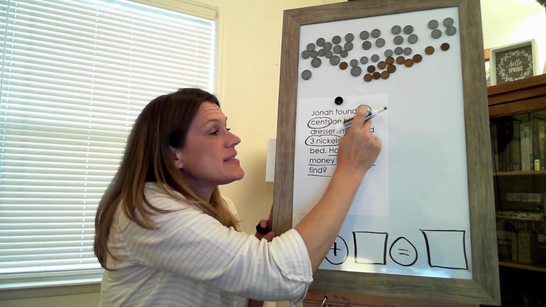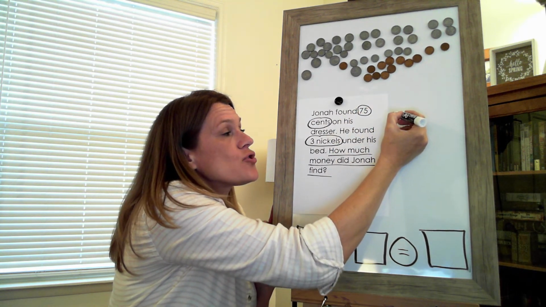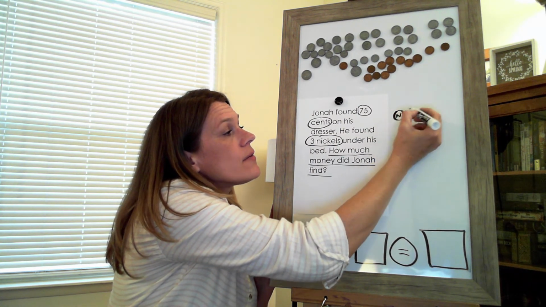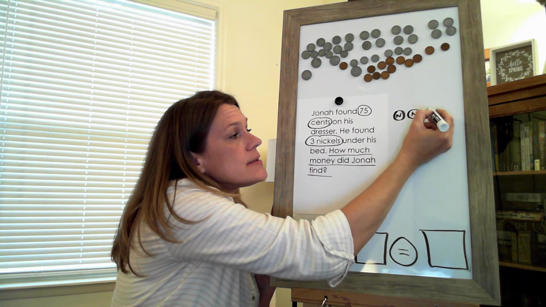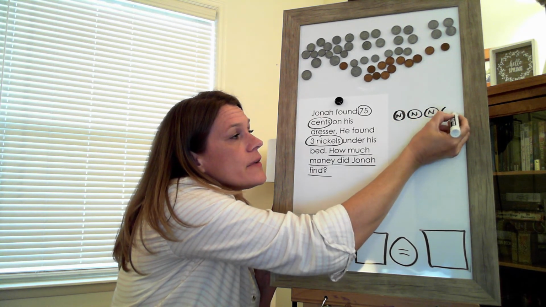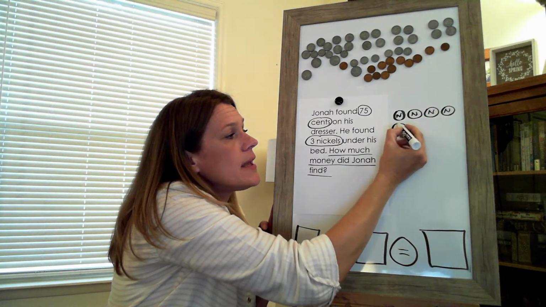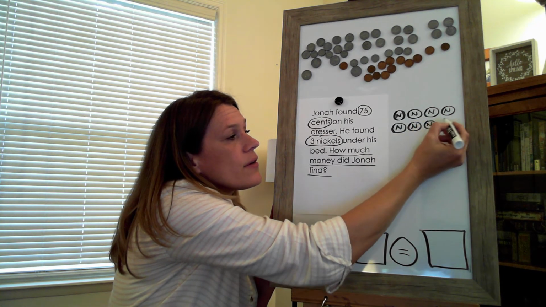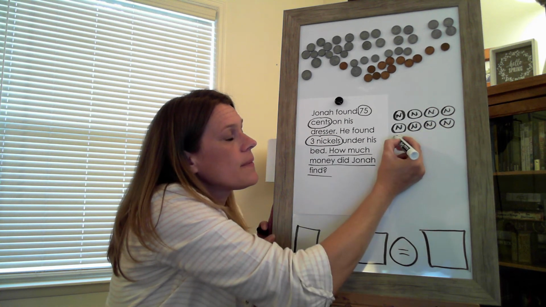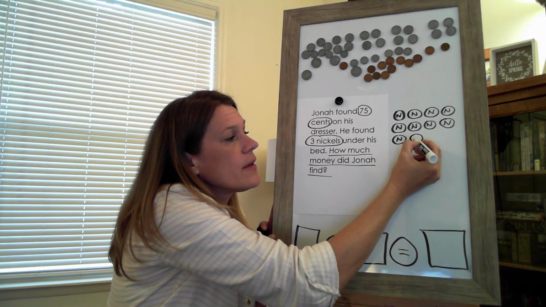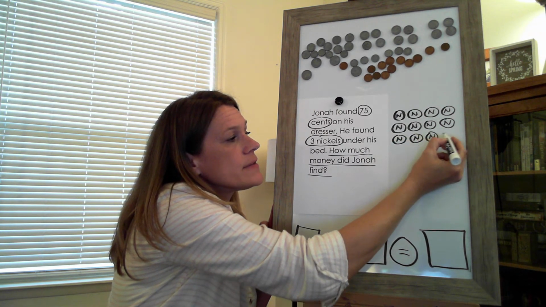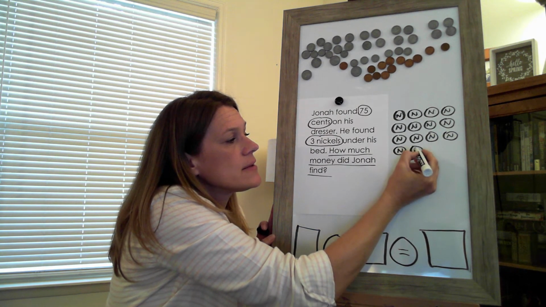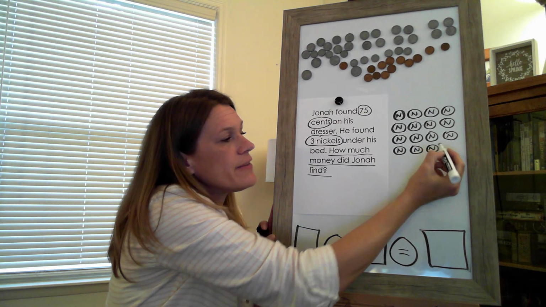All right, so to make 75 cents, I'm going to count by 5s to make sure that I have enough nickels, okay? So 5, 10, 15, 20, 25, 30, 35, 40, 45, 50, 55, 60, 65, 70, 75.